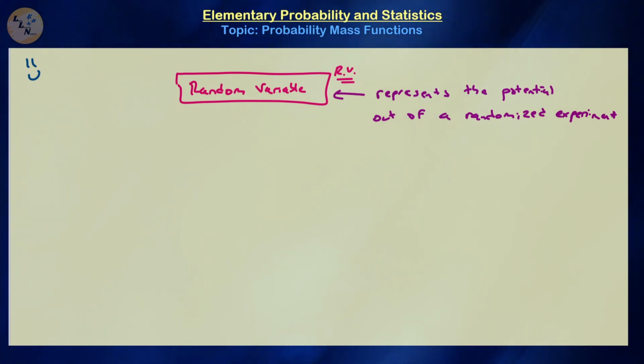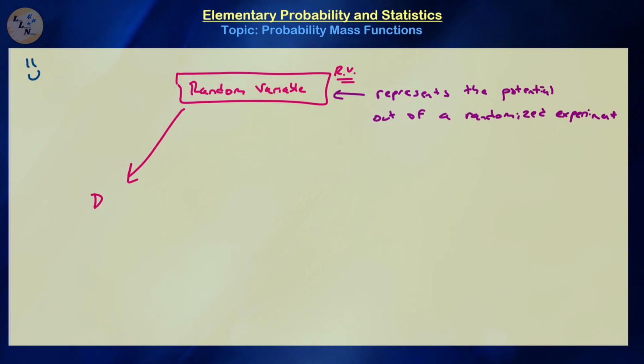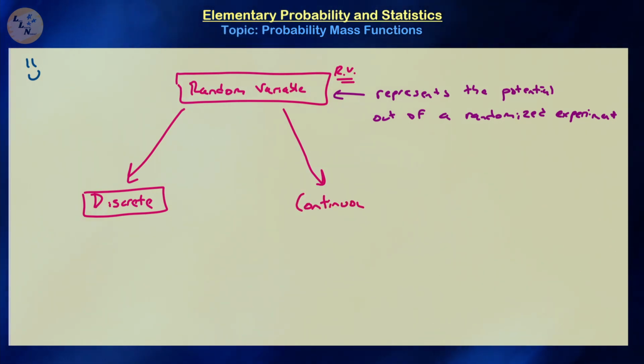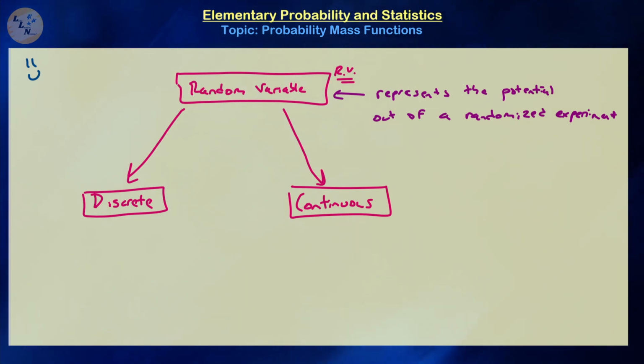Random variables are typically classified into two broad categories. The first is going to be a discrete random variable, and the second category is going to be continuous random variables. So examples of discrete random variables would be flipping a coin. Let's assume that the random variable we want to define is going to be x.